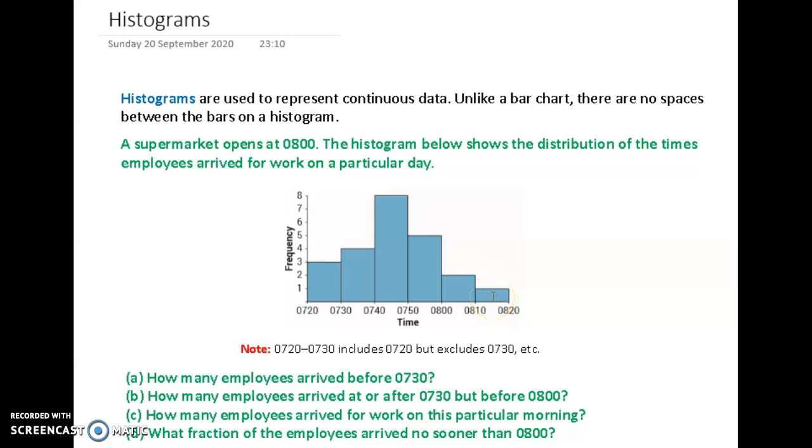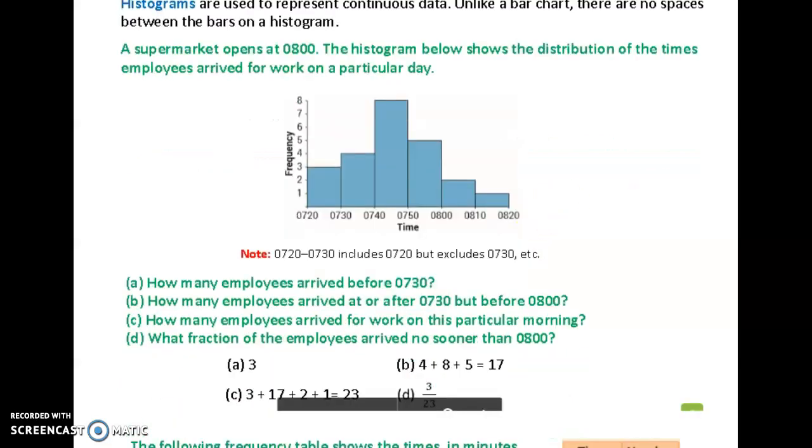So let's look at the question. The question says, the supermarket opens at 8 o'clock. The histogram shows the distribution of times the employees arrive for work on a particular day. So what is this telling me?